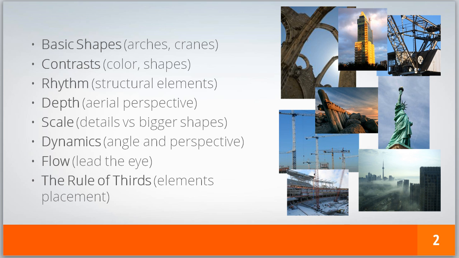Next, we'll set up some rhythm in our composition by placing the cranes and the other construction yard elements accordingly. Also, we are looking to have a good depth in the scene, so we'll add some fog, as seen here in the bottom right picture, to make it more dramatic.